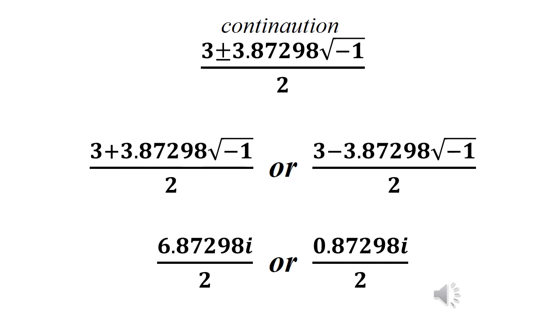So square root of minus 1 is the same thing as i, our imaginary unit. So we replace square root of minus 1 with i. So we have 3 plus 3.87298i divided by 2, or 3 minus 3.87298i divided by 2.